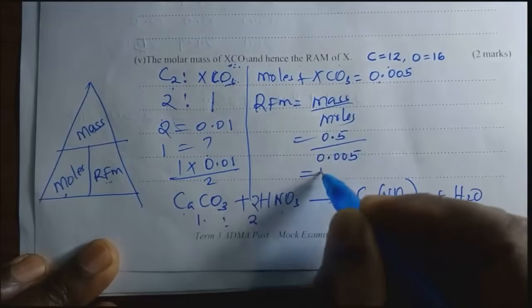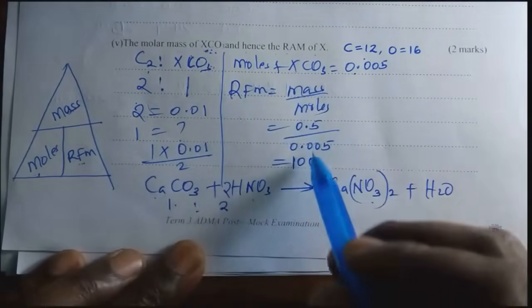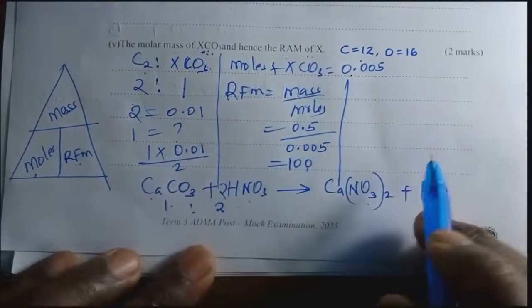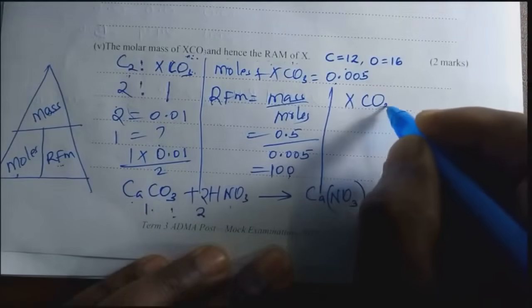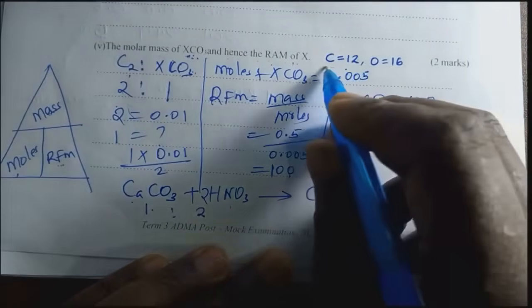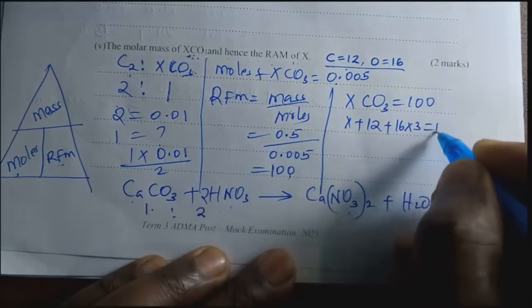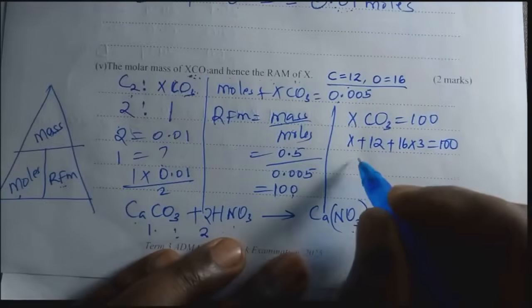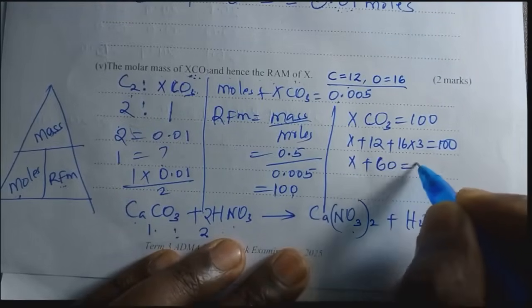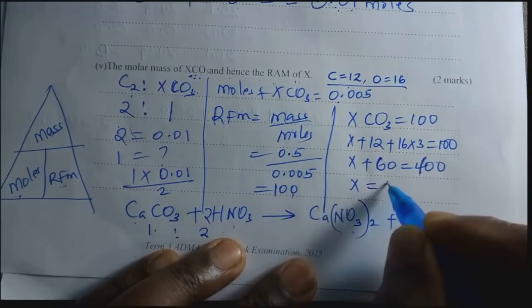So the RFM of the X carbonate is 100, but we were told to find the RAM of X. So X plus 12 plus 16 times 3 equals 100, that is, X plus 60 equals 100. Therefore, X equals 100 minus 60, and that is 40.